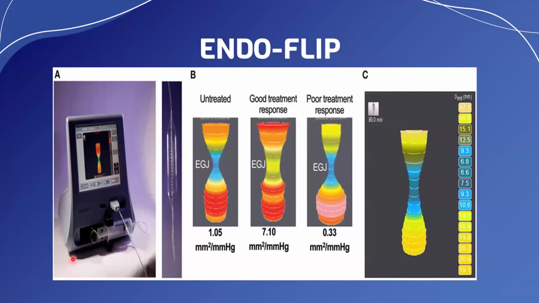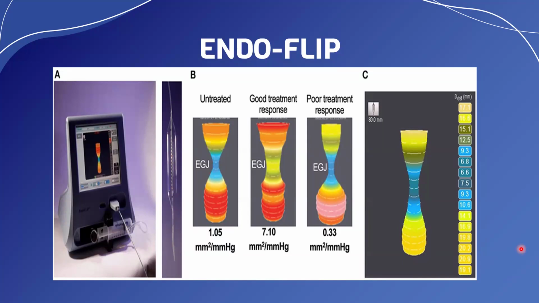This is actually the EndoFLIP machine. FLIP stands for functional lumen imaging probe, which is performed using upper GI endoscopy, with the patient under sedation after an overnight fast. We first do the diagnostic endoscopy. The FLIP catheter is positioned across the distal portion of the stomach and up to the distal esophagus.